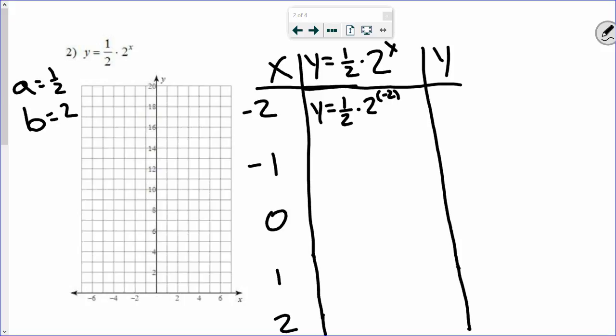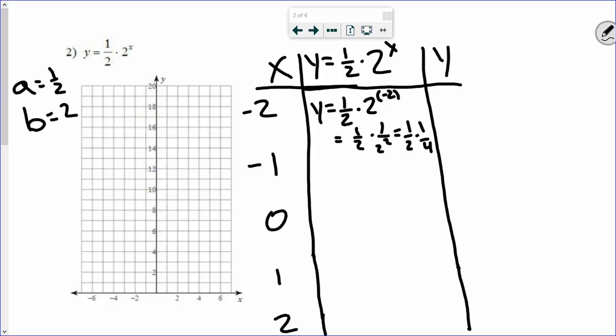Again, negative exponents. Well, what does that do to this 2? That means this base 2 needs to move to the denominator. So this would be 1/2 times, when I simplify this 2 to the -2, that becomes 1/2 squared.